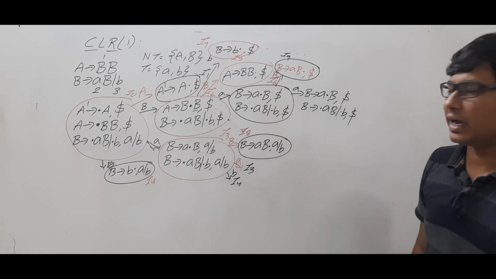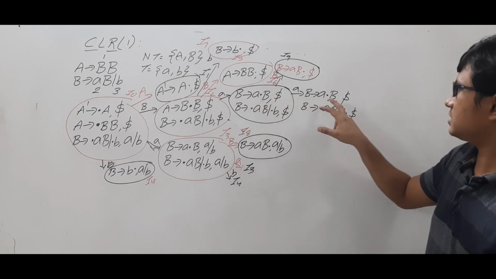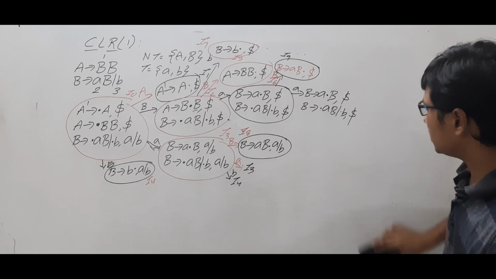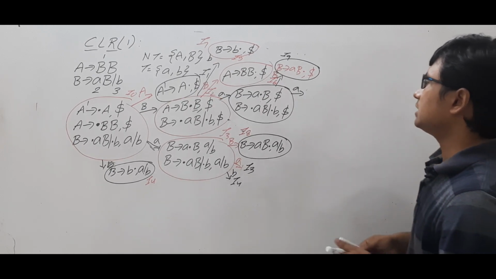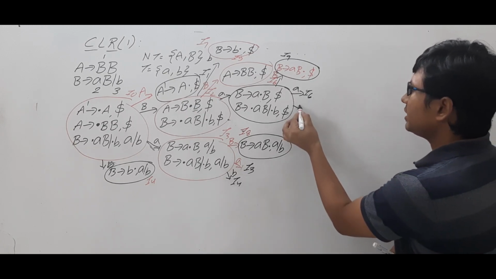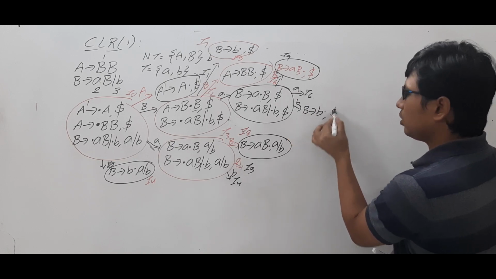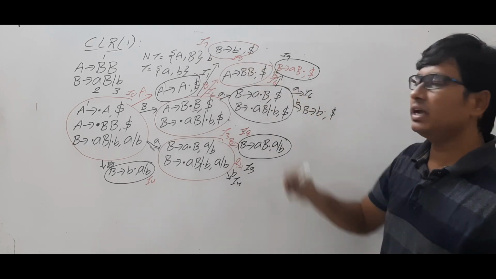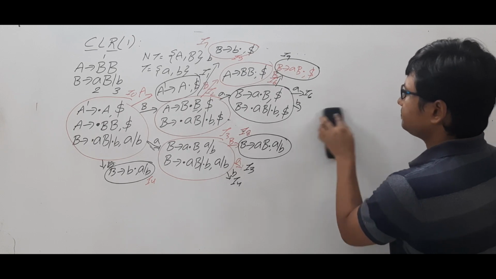Which is equal to I6 itself. Am I right or wrong? Look at it. The production is same and the look ahead is same. So it is not a new state or a new item. It is the item number I6 only. On small b, it will be b determines b dollar, which is equal to I7. Am I right? The production is same and the look ahead is same. So I can write it as I7.